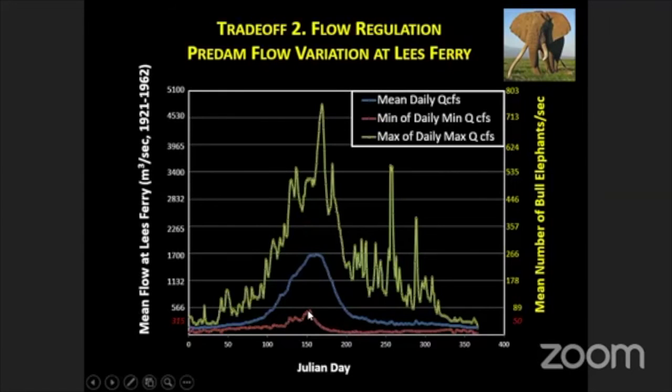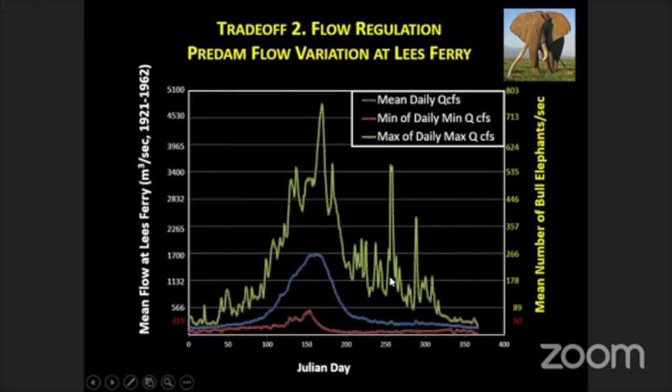In some of the years in the 30s, for example, low flows only reached a rate of about 90 elephants per second. However, the high flow events were highly erratic. So charging stampeding herds of elephants coming through here, ranging from maybe 400 up to 750 as the peak springtime flow came through.